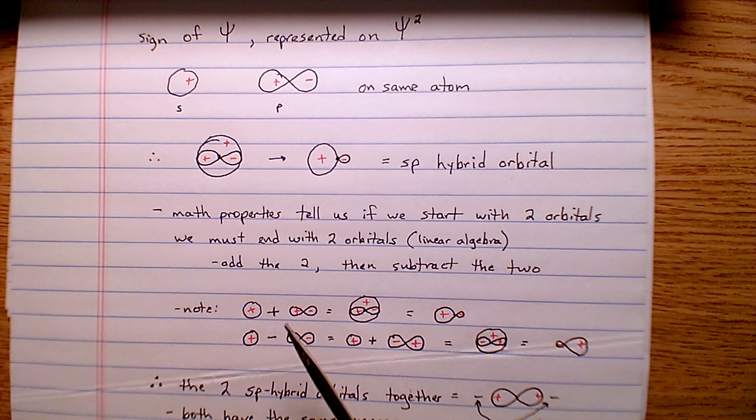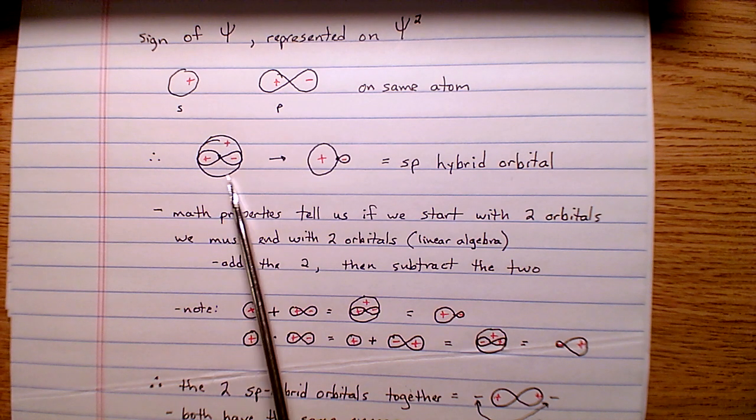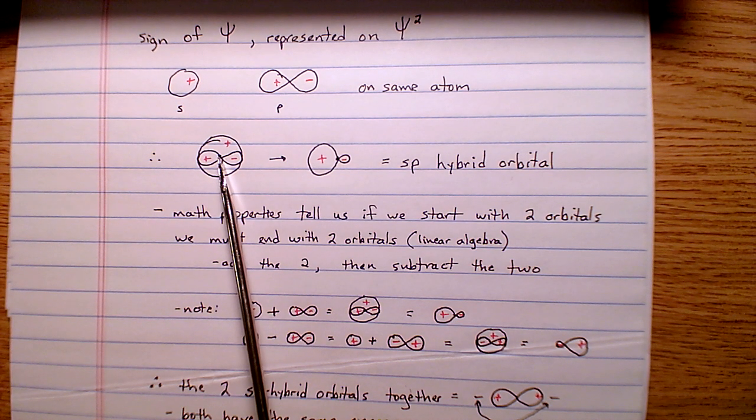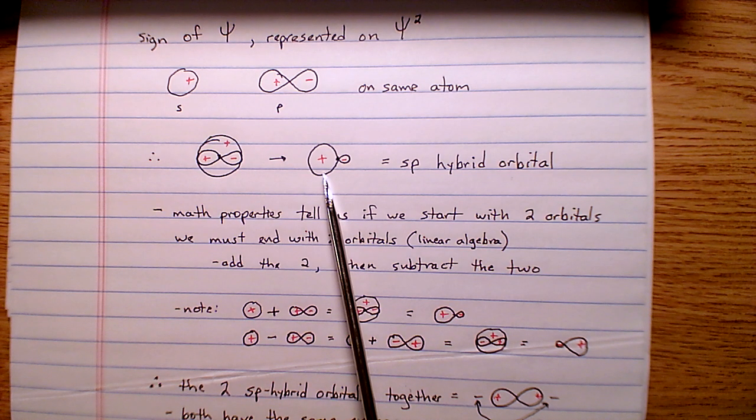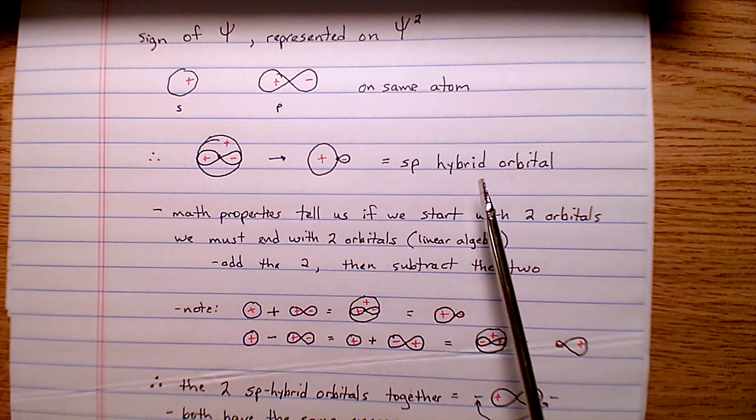Okay, so we started with two atomic orbitals, the s orbital and the p orbital, added them together since they're on the same atom, here's the nucleus right there, to get this one hybrid orbital. And since we combined an s and a p, we're going to call it an sp hybrid orbital.